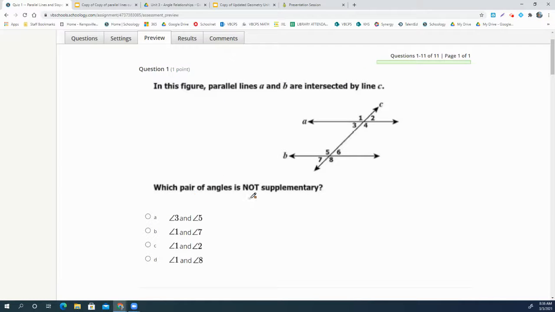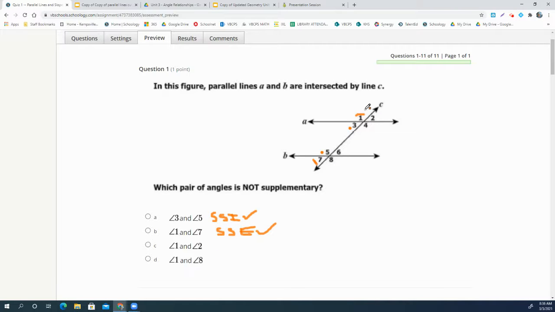Which pair is not supplementary? So if I look at 3 and 5, are those supplementary? Yes. They're same side interior, so they're going to be supplementary. How about 1 and 7? Yeah, because those are same side exterior.